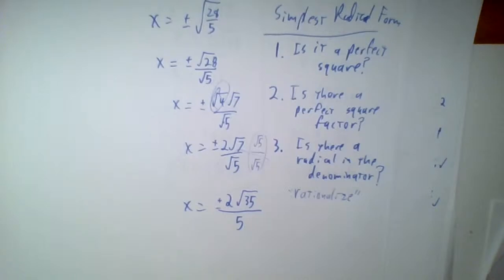That's where we're going to see a bunch of that. Is it a perfect square? If so, we get a nice number out of it. We can get rid of the radical. Is there a perfect square factor? If there is, we can shrink the radical. And is there a radical in the denominator? If there is, we're supposed to rationalize it. The proper form for writing that would be with rationalizing the denominator.